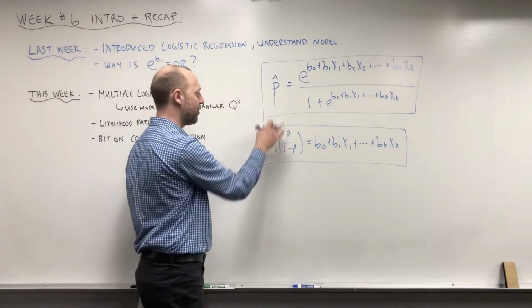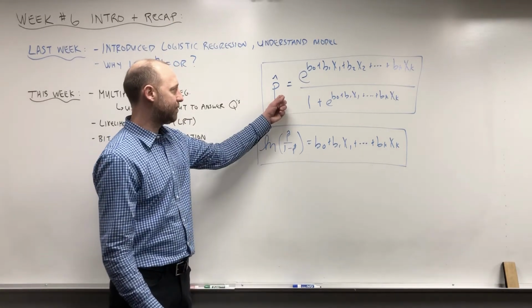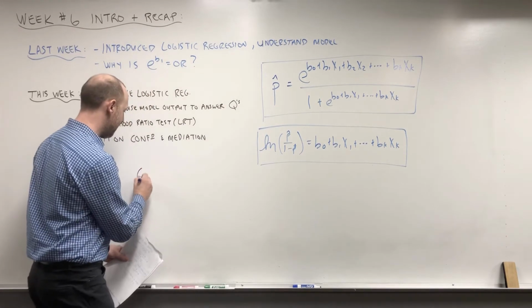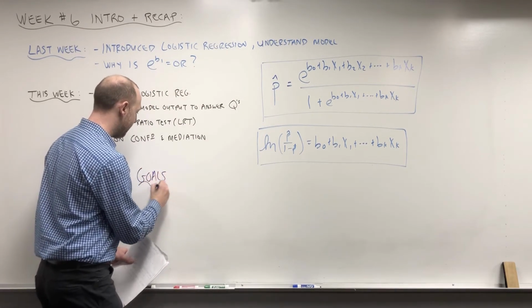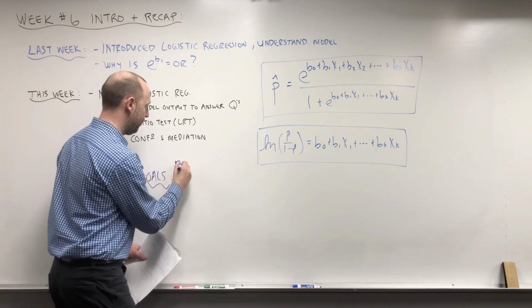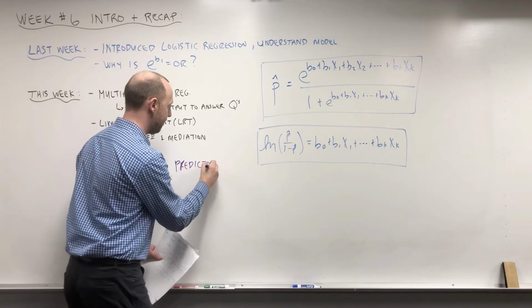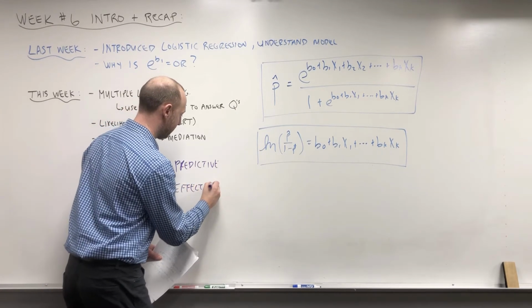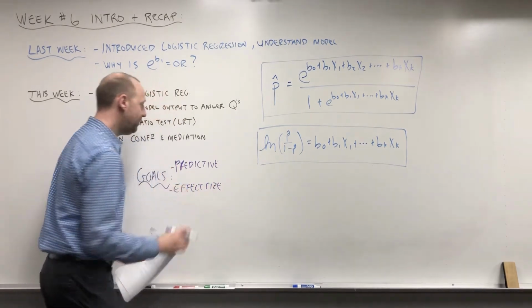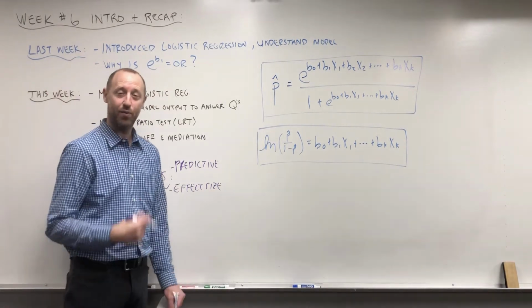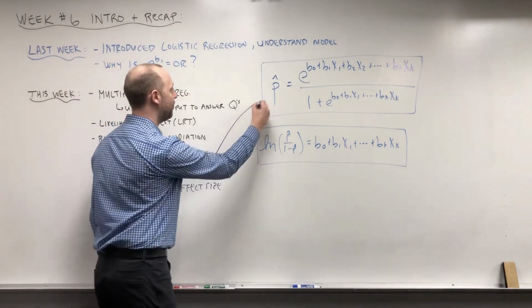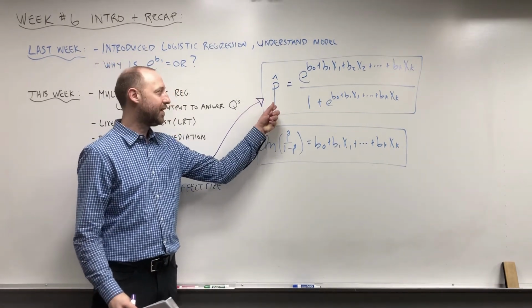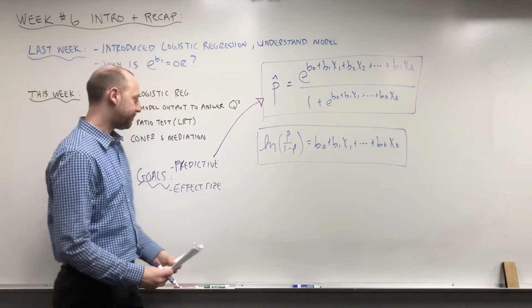I want to do a quick reminder. We can express the model in terms of the probability of disease or the log odds of the disease. And I just want to remind you, we can think about having different goals for our model. We can think of it as being predictive or effect size. So either our goal is to predict the outcome, what's the probability of the outcome happening, in which case looking at the model expressed in terms of P, the probability of the outcome, is the way we're going to look at the model.